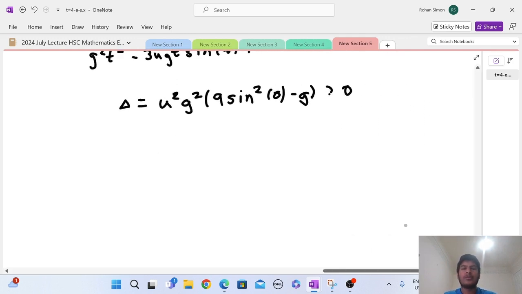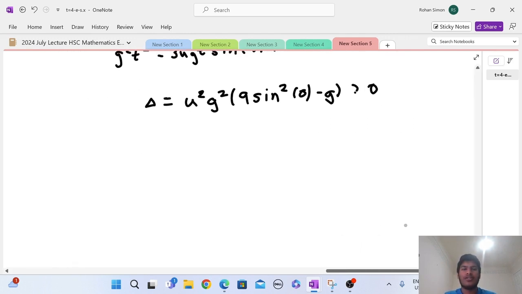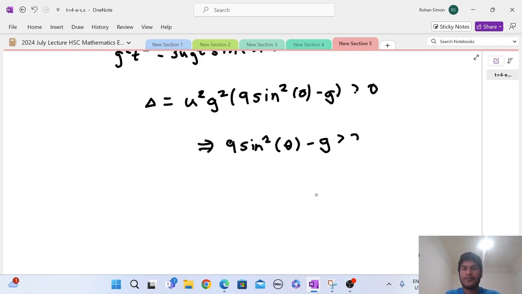Now, u squared, g squared, those are just two constants squared, so that is positive, so we can get rid of them. So you get 9 sine squared theta minus g has to be greater than 0.